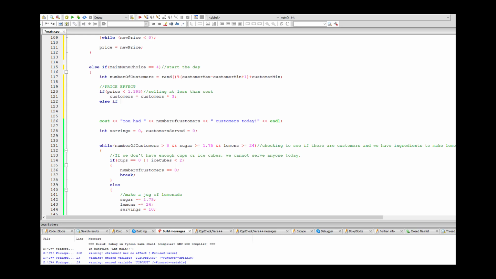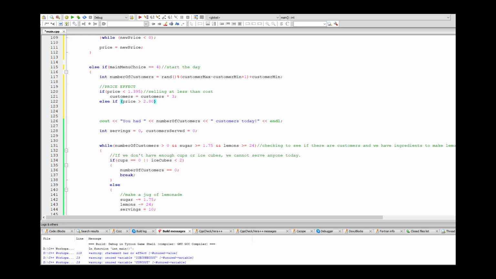Okay, else if. Now what we're going to do is we're going to have some random threshold, right? So the random threshold is going to be a number between this and twice as much. So we're going to say if the price is greater than 2.80.